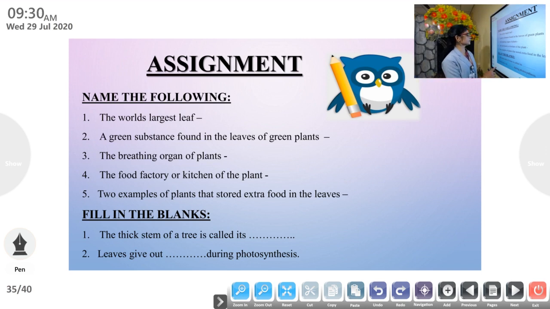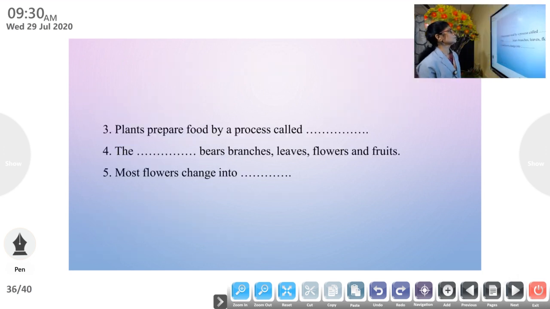Next, fill in the blanks. The thick stem of a tree is called its trunk. The leaves give out dash during photosynthesis. Leaves give out oxygen. Then plants prepare food by the process called photosynthesis.